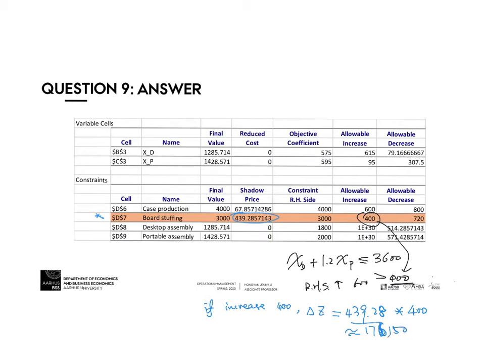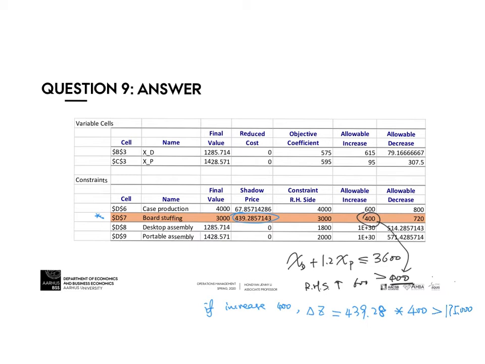I'm not sure of the exact number, but this value is greater than 175,000.